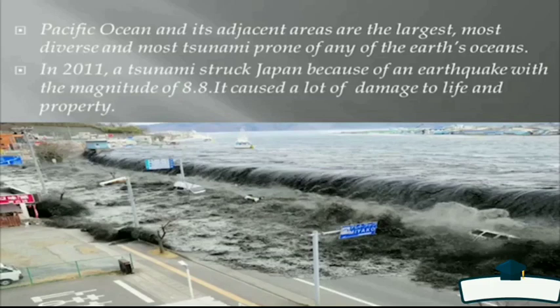That means those areas are likely to suffer from tsunami. In 2011, a tsunami struck Japan because of an earthquake with the magnitude of 8.8, and it caused a lot of damage to life and property.